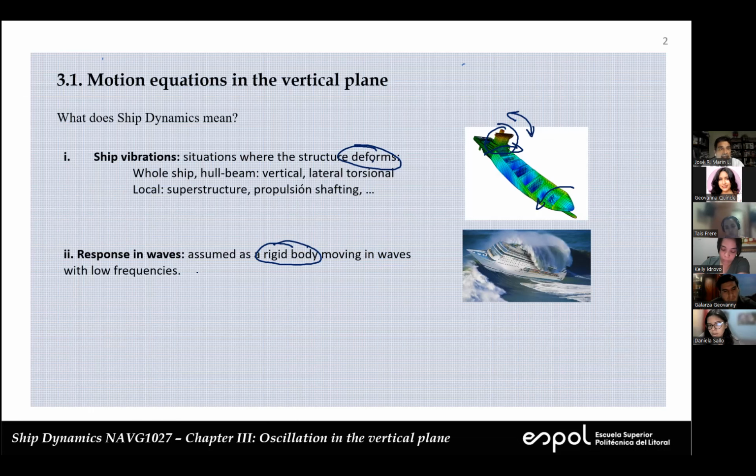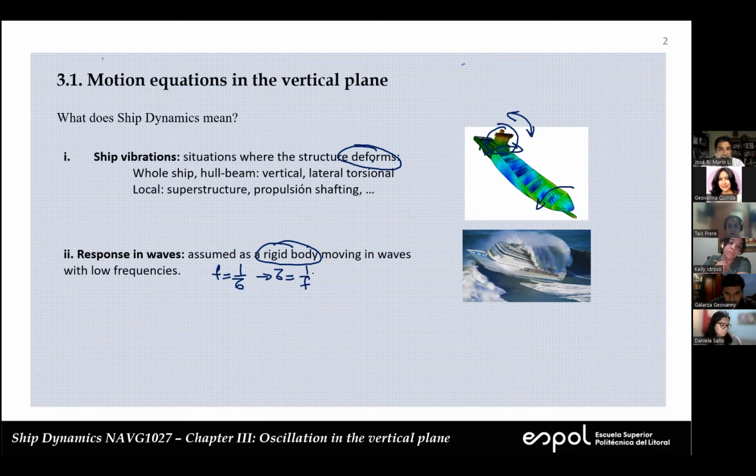In general, waves are phenomena with low frequency. So instead of omega, since omega is very low, we express the frequency as the inverse of the period. So instead of this, we say the period is 1/f.